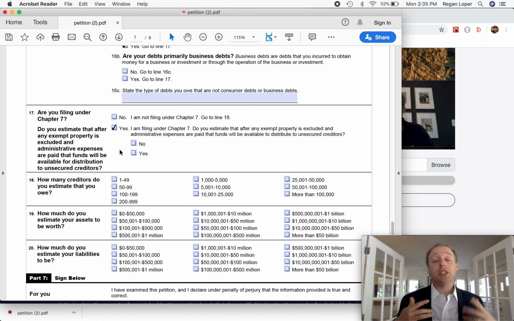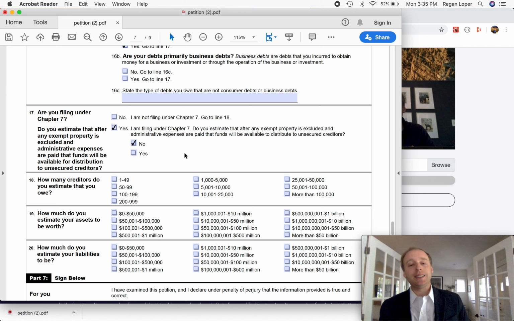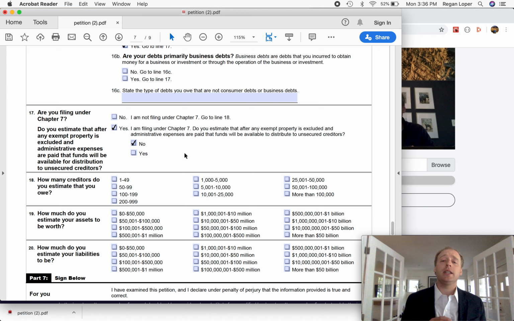What that's essentially asking is, when you file your Chapter 7 and the Chapter 7 trustee has sold what property you have to pay creditors, do you expect that that's going to garner enough money to pay off all your creditors? In almost any situation I've seen, the answer to this question is no. And that's how Ashley has filled out this part. She does not expect that she's going to have enough money to pay off her creditors in full in this bankruptcy proceeding. So she selected no in box 17.